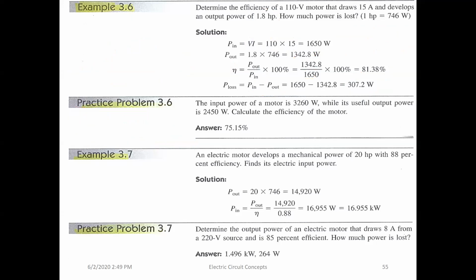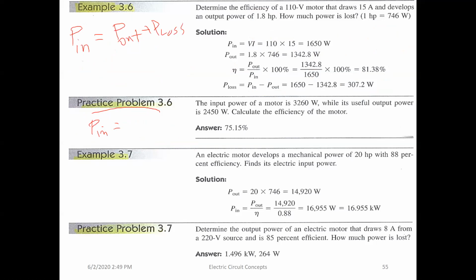Okay, let me solve the practice problem. The input power of a motor is 3260. So Pin is given. This is good. Again, I advise you to write down the formulas for the efficiency and for the power, Pin equals P out plus P loss.